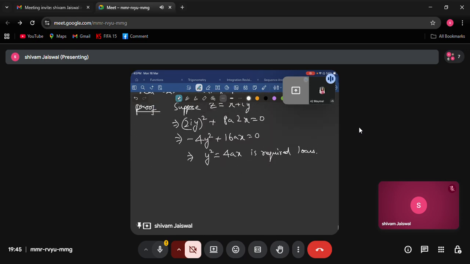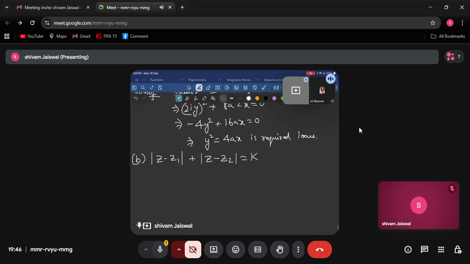Next, part B. Mod of z minus z1 plus mod of z minus z2 equals k. What does it represent? See, it is sum of the two distances is equal to constant. So ellipse.